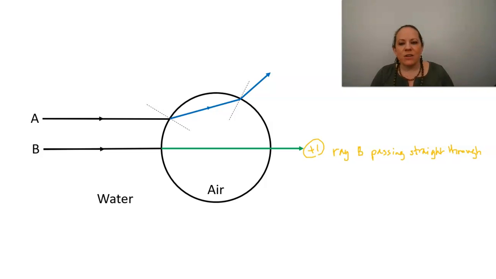We are going to get 1 point for ray A bending away from the normal when it passes into the air from the water.